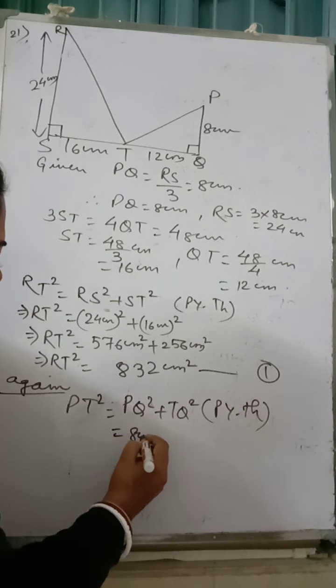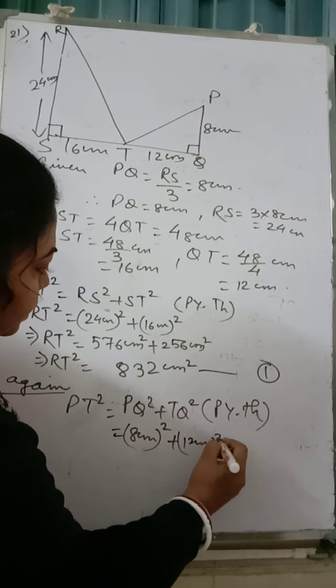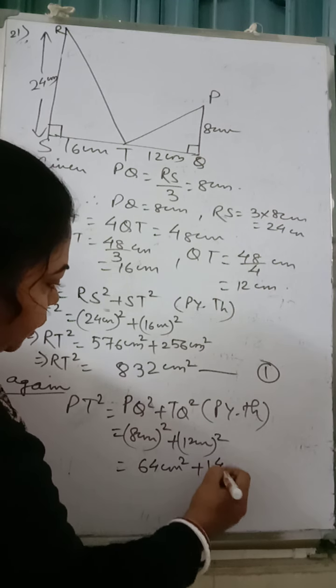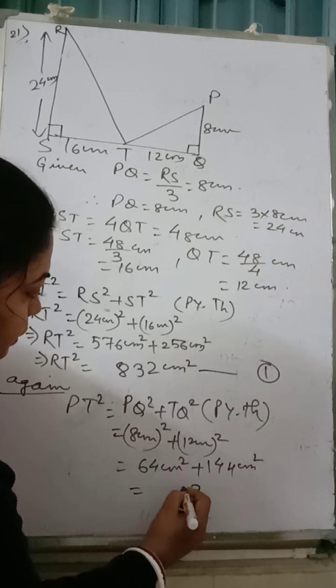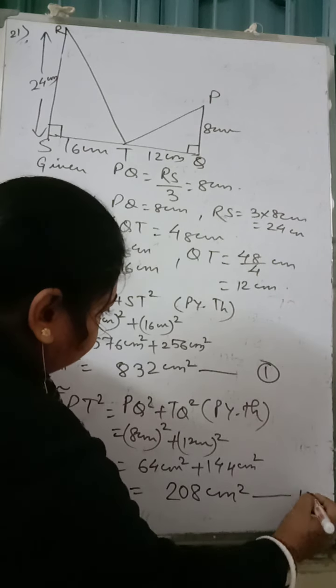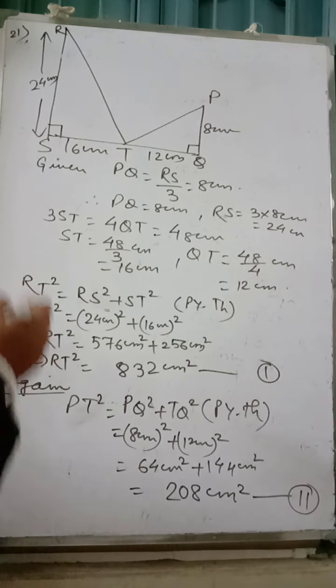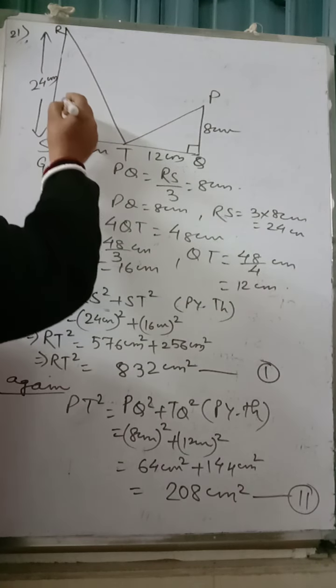Now PQ we have 8 centimeter whole square, TQ we have 12 centimeter whole square, or it gives you 64 centimeter square plus 144 centimeter square, 208 centimeter square. This is number 2. Is it? Now, you remember we had a sum where we had 2 poles and we had to find the distance between the poles.